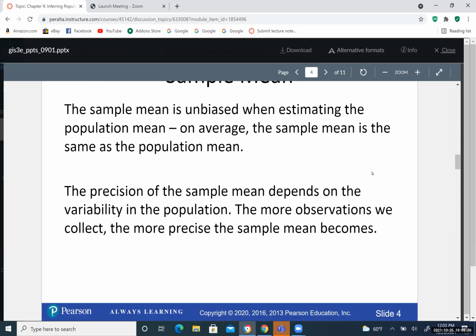Usually sample mean is unbiased when estimating the population mean. So on average, the sample mean is the same as the population mean. It's said like that, though it's not exactly the same. Like I said, the sample mean represents a small group, the average of the small group. But the population mean is talking about a very huge group, the average of the huge group.